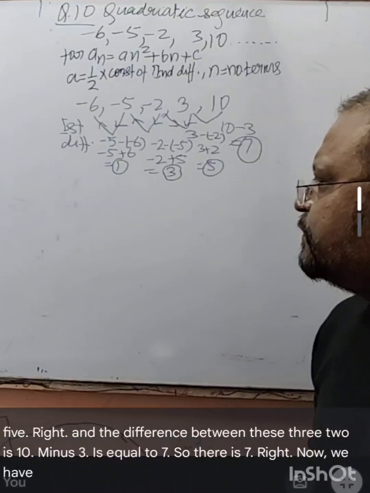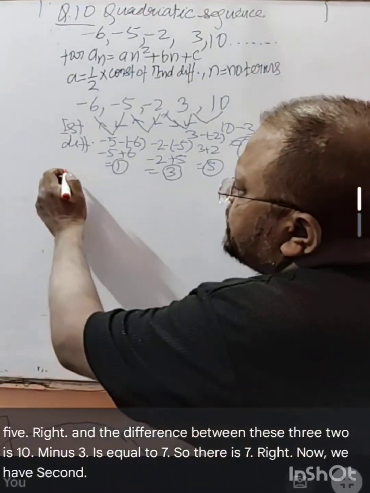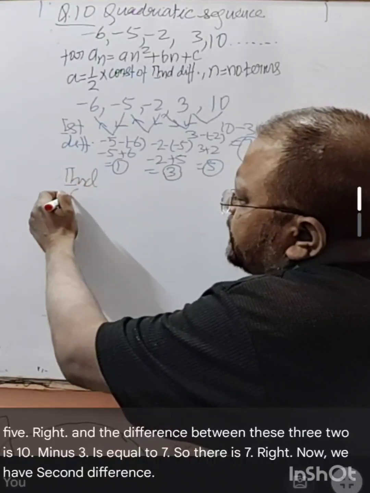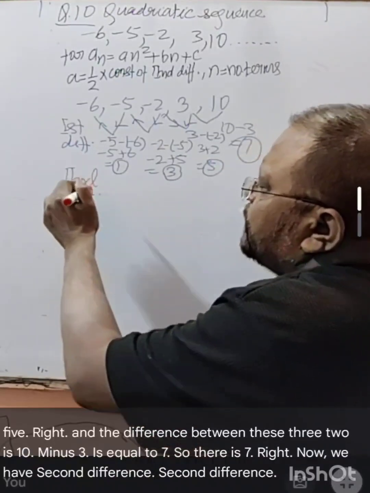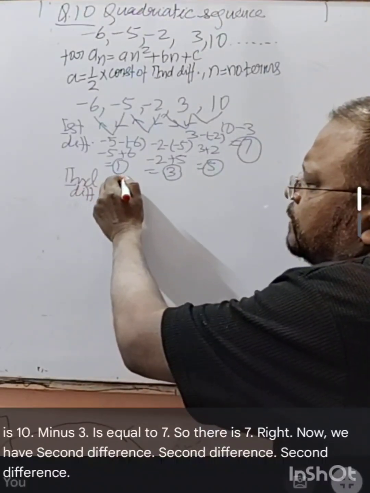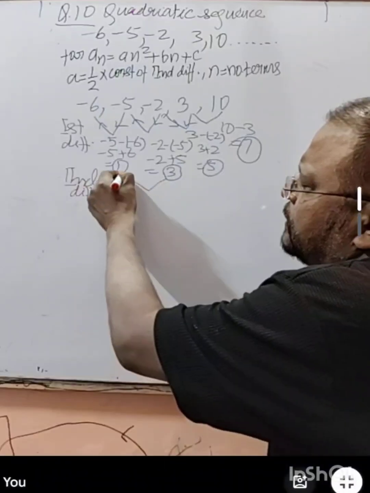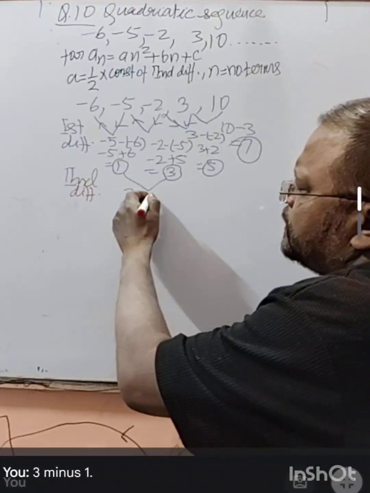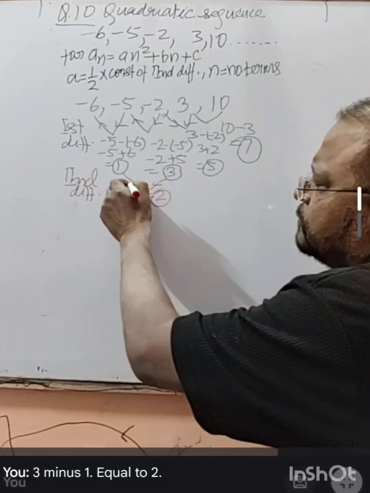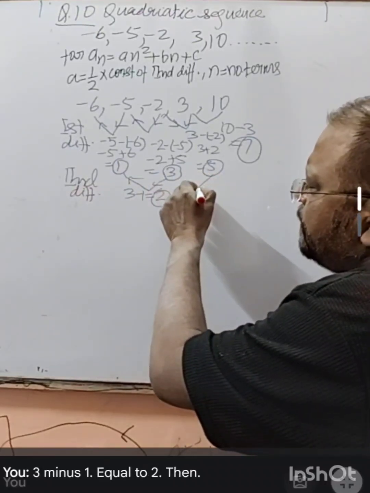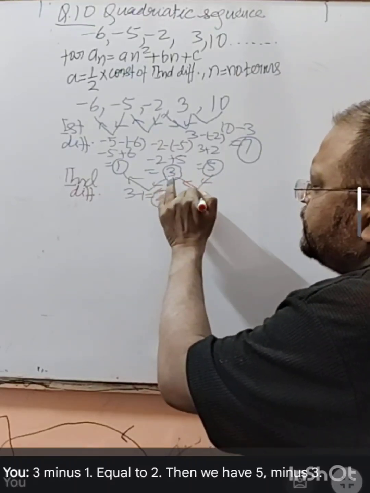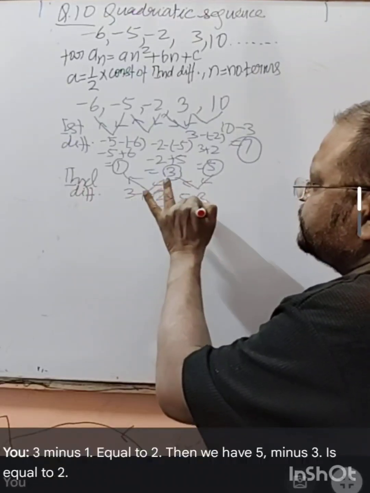Now we have the second difference. 3 minus 1 is equal to 2. Then we have 5 minus 3 is equal to 2.